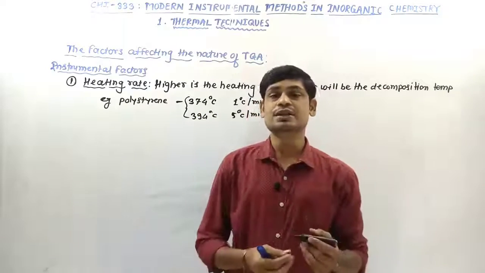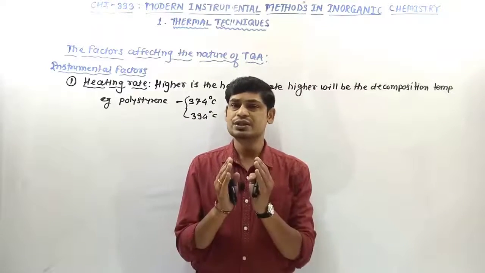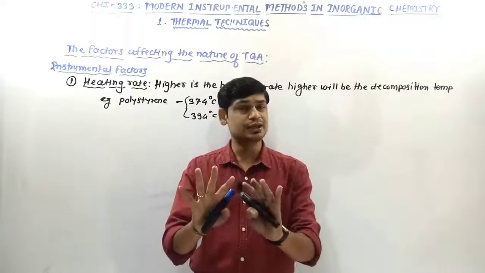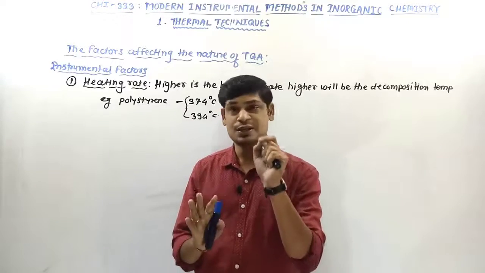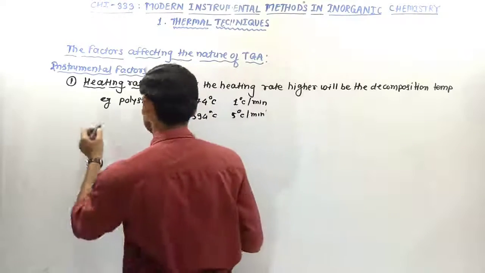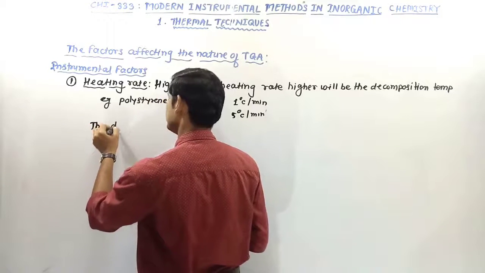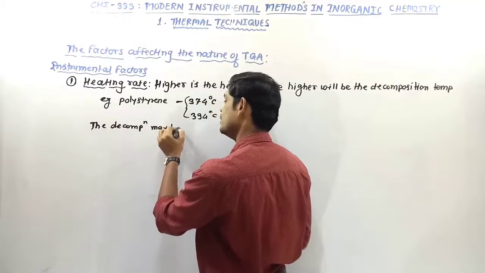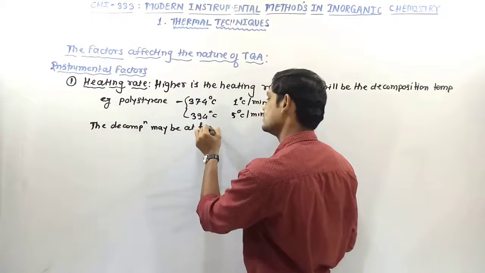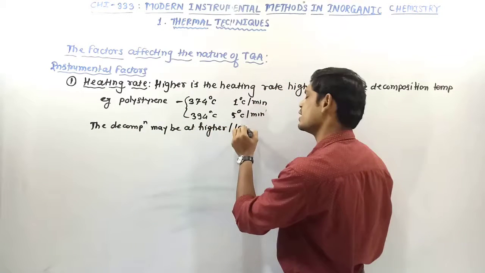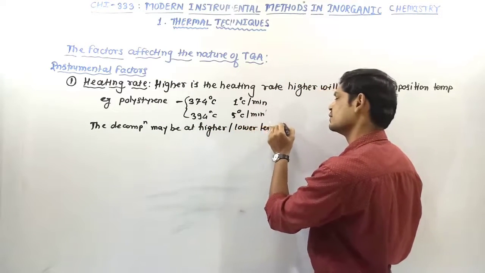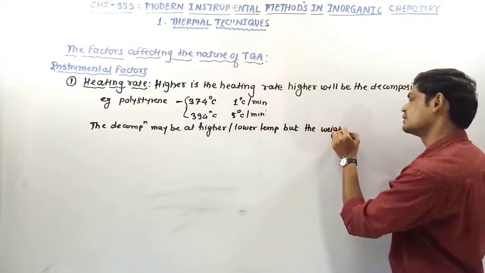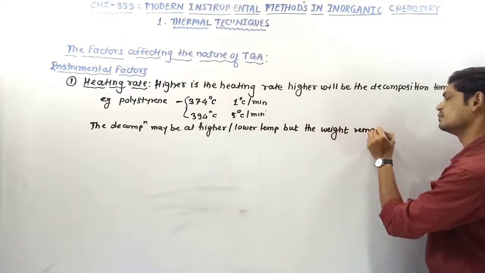The most important thing is that the decomposition is at either higher temperature or lower temperature, but after decomposition the weight remains the same. What I told here, the decomposition may be at higher or lower temperature, but the weight remains the same.